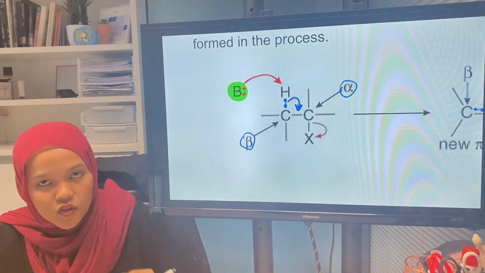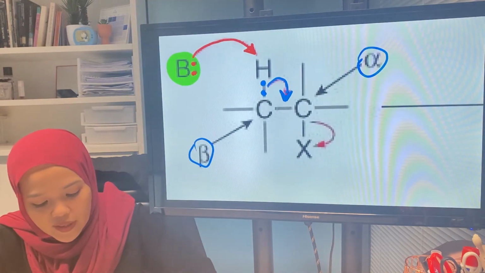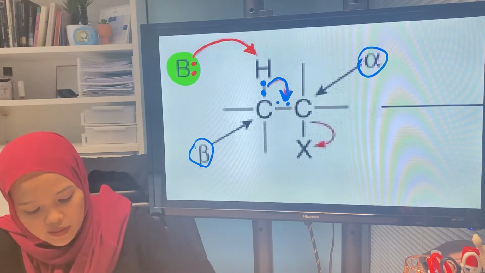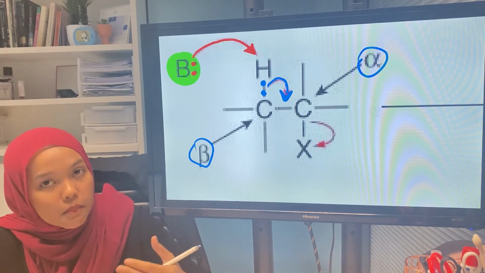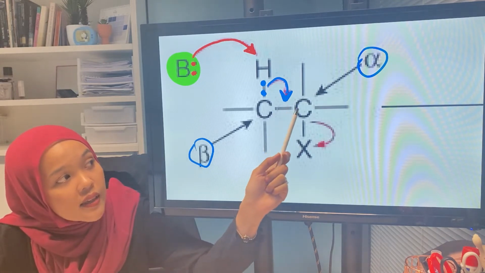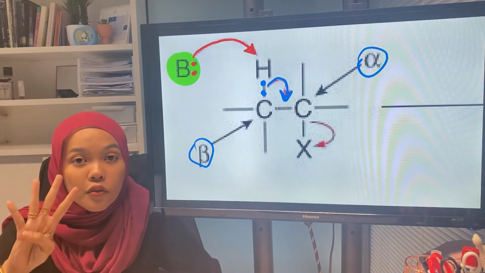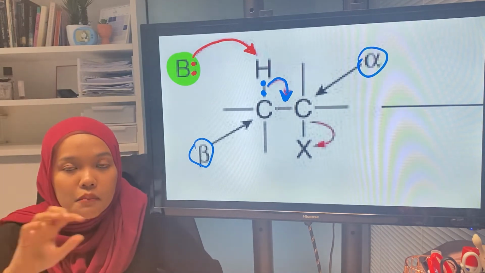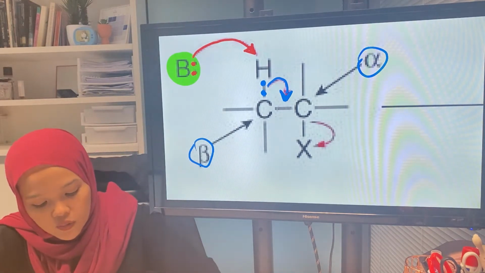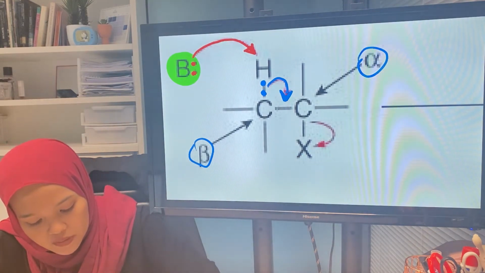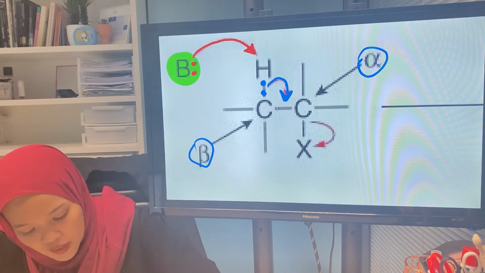When they want to form a new bond between the alpha carbon and beta carbon, remember, carbon can only have 4 bonds, right? So something must leave. The best one that can leave is the halogen. Because of that, let us put the electron.